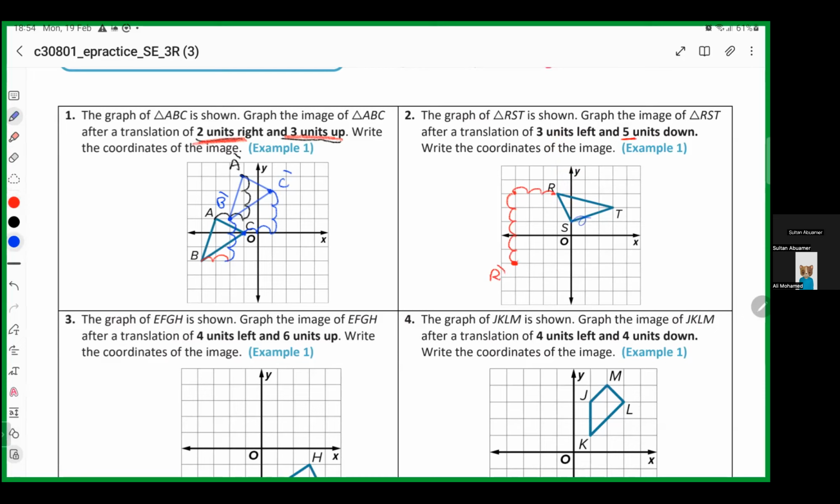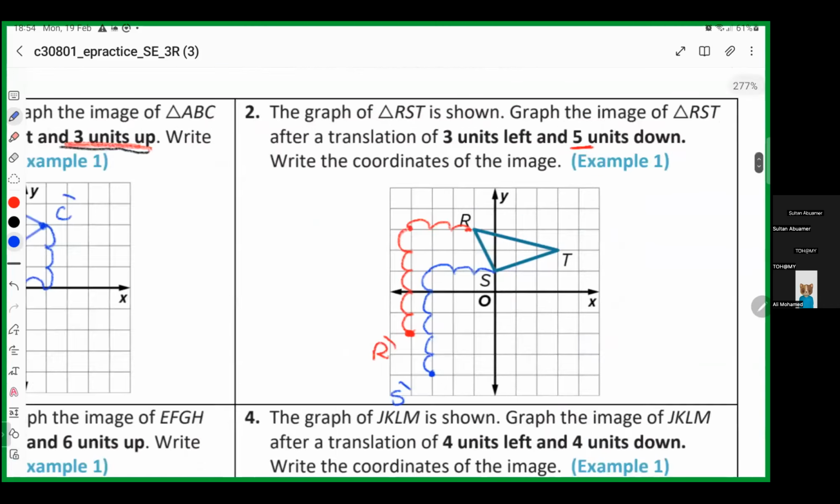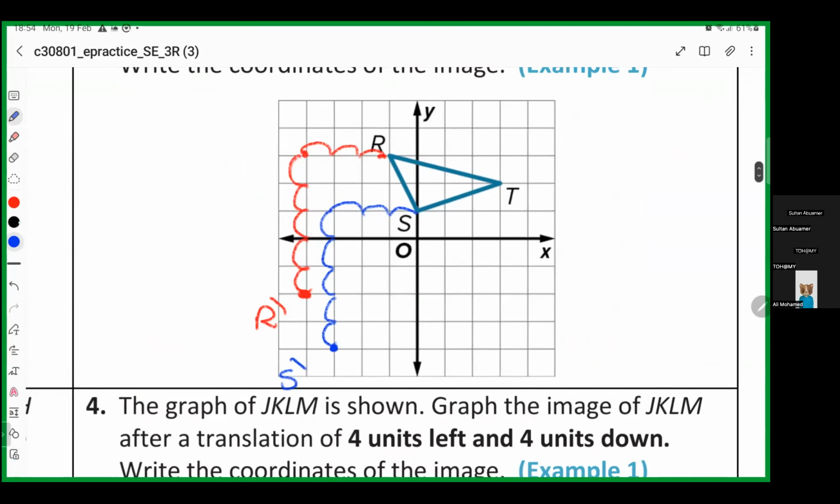The same thing with S. 3 units left: 1, 2, 3. 3 to the left and 5 down: 1, 2, 3, 4, 5. So this is the S prime. The same thing with T. Let me maximize. 3 left.